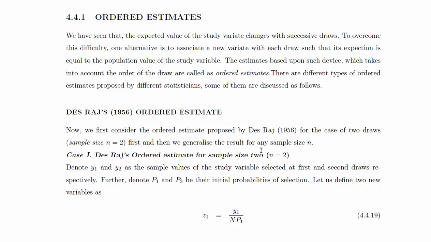Let P1 and P2 be the probabilities of selecting a unit in the first draw and another unit in the second draw, their initial probabilities of selection.